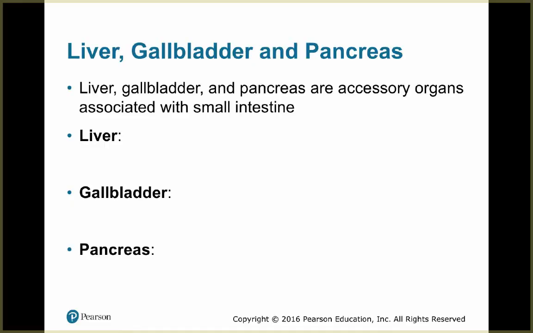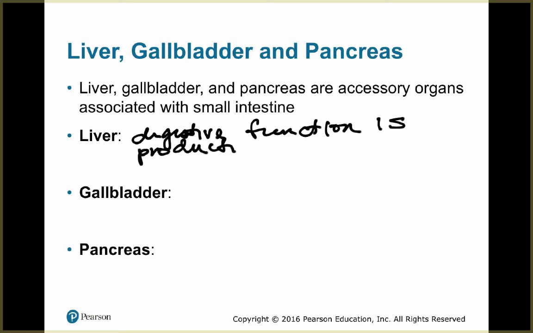The liver is important because it has a digestive function, and a main part of it is the production of bile. Bile is a fat emulsifier, so it's not so much going to digest fat, but it allows big clumps of fat to be put into smaller droplets.